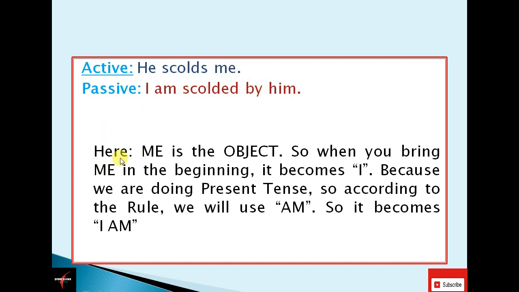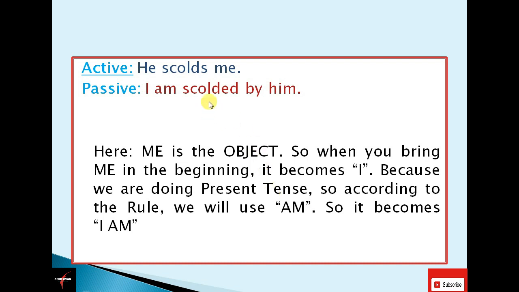So here me is the object. We all know that me is the object in the active voice. Okay, so when you bring me in the beginning, it becomes I. And because we are doing present tense, according to the rule we use am, because I have already told you, along with I we use am.